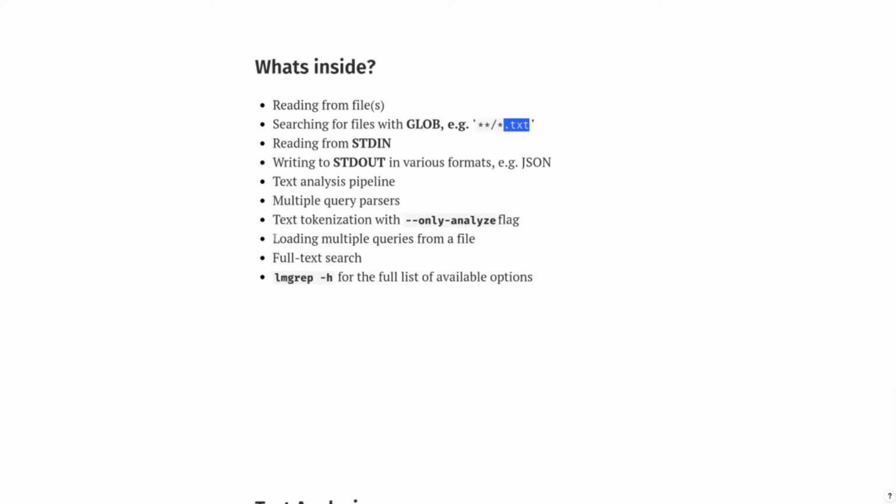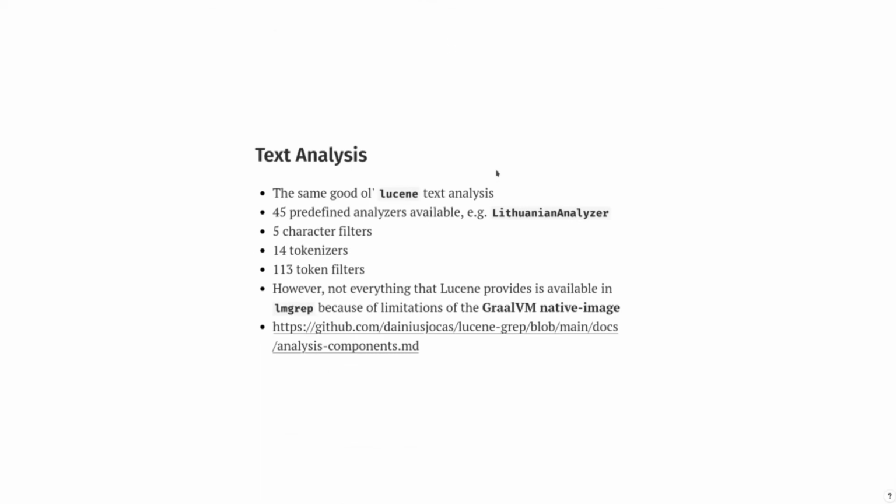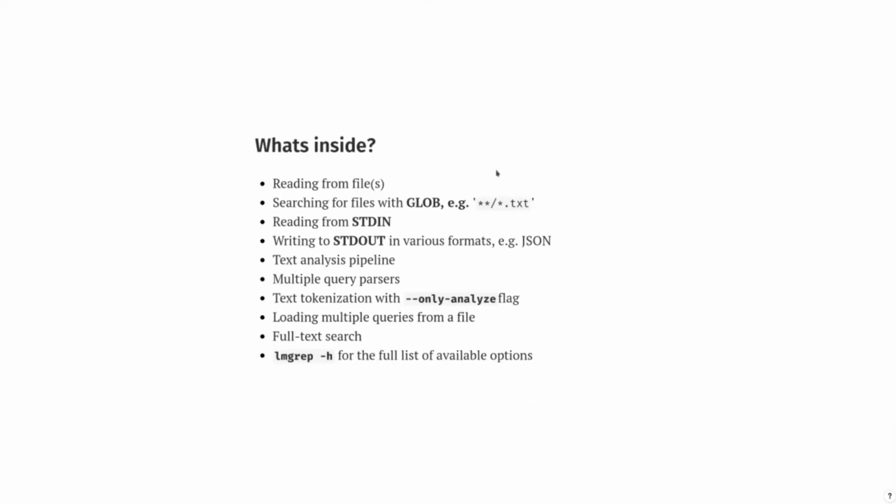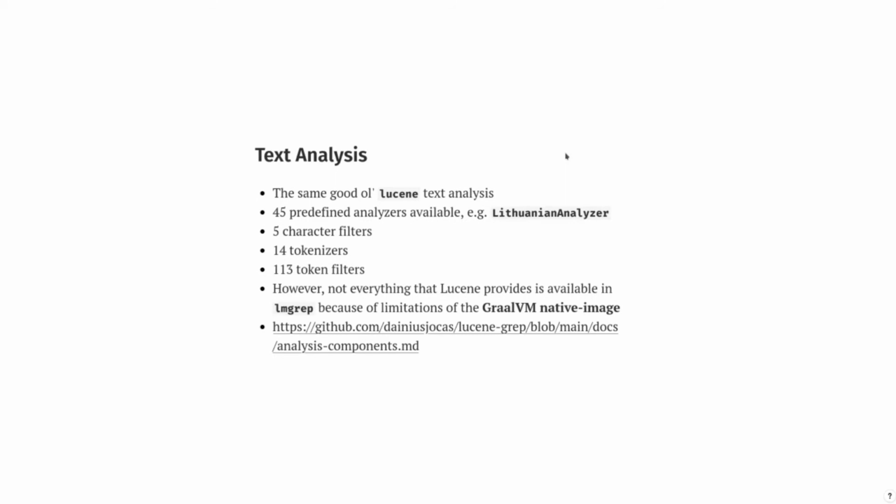A thing that makes Lucene-grep a bit different from grep is that it can run multiple queries at the same time. So that's cool. And Lucene-grep does full text search, which grep is not doing. However, I can go on with this little feature set, but if you downloaded it, you can just run lm-grep -h, and you will see a full list of options provided.